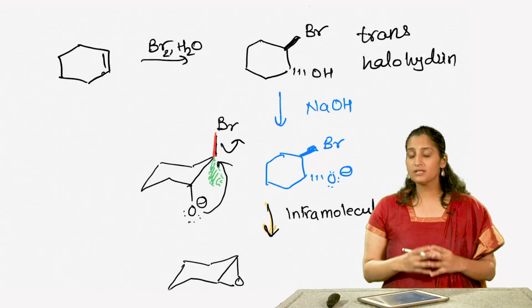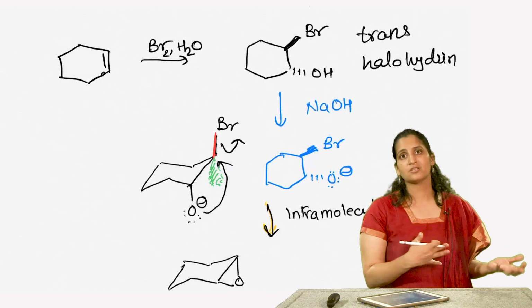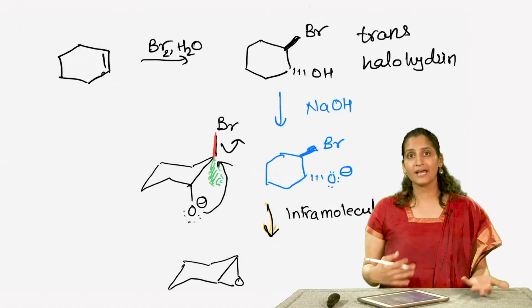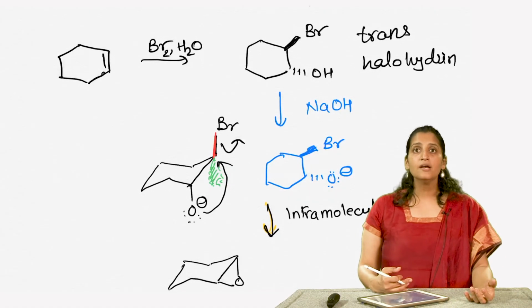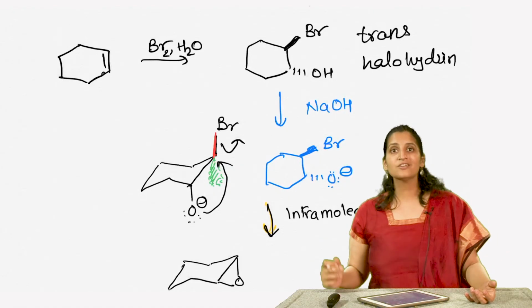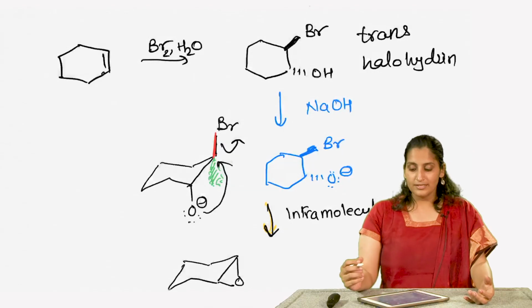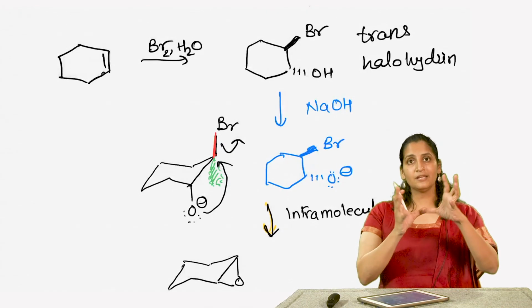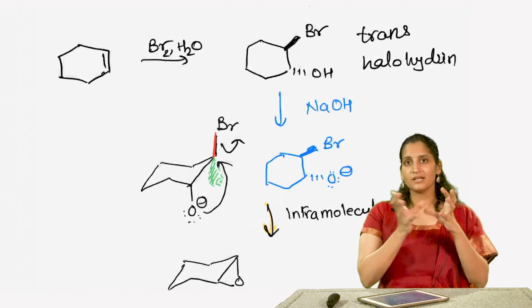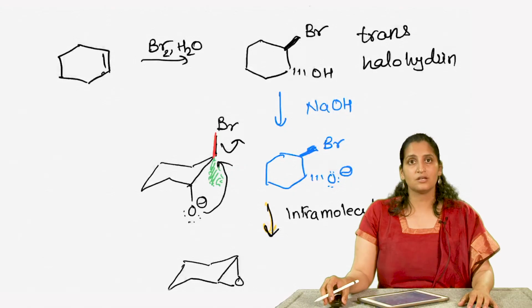And if you think about it, this follows the rules of SN2 reaction, wherein the nucleophile, which is the oxygen, is attacking from the backside of the carbon bromine bond or the carbon leaving group bond, and causes the inversion of configuration at the site of substitution. So, this is nothing but intramolecular SN2, just that it is happening in the same molecule, so it looks a little different, but it follows all the rules of SN2 reaction that we have seen.